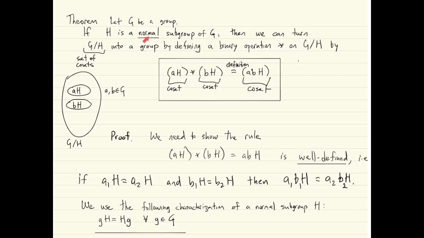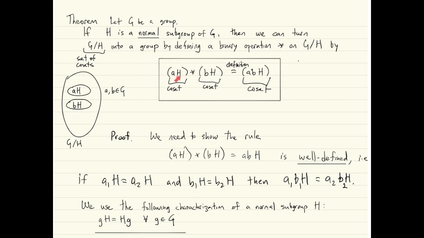So what's crucial here is that the group H is normal. The subtlety of this result is that we need to show that this rule that we've defined of multiplication of two cosets is well defined, because as written, it depends on the names or representatives that we've chosen for these two cosets.